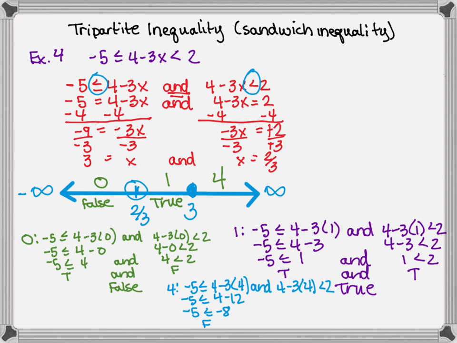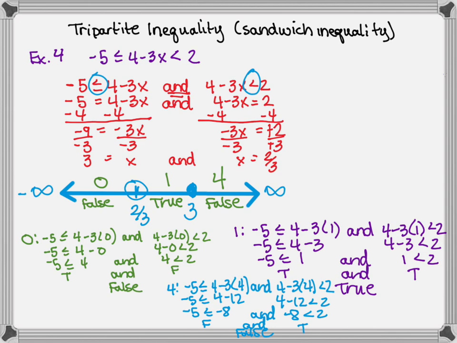That's false. The second one becomes 4 minus 12 less than 2, or -8 less than 2. That is true. So this is an and statement where at least one of them was false, so that makes this false. And I will mark the interval where we got the 4 test value as false.